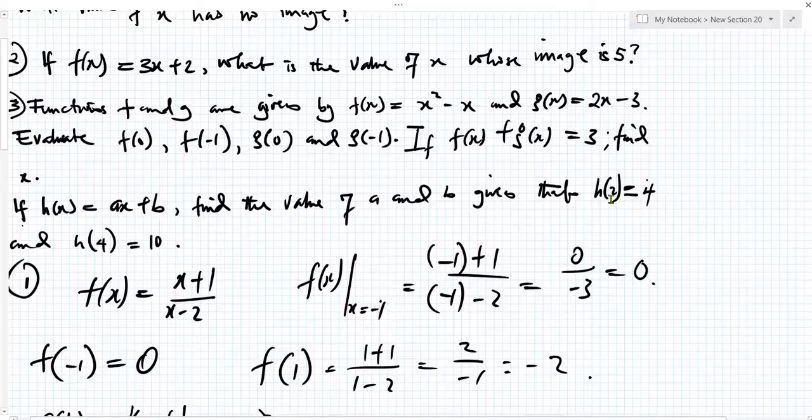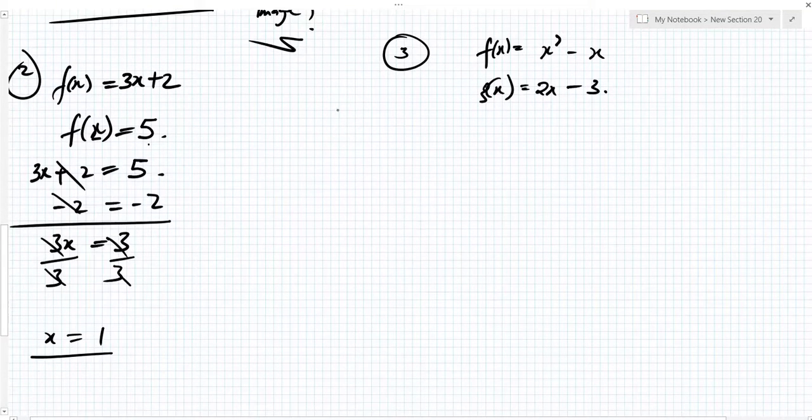Evaluate f of 0. So wherever you see x, you substitute it with 0. So 0 squared minus 0, the answer will be 0.